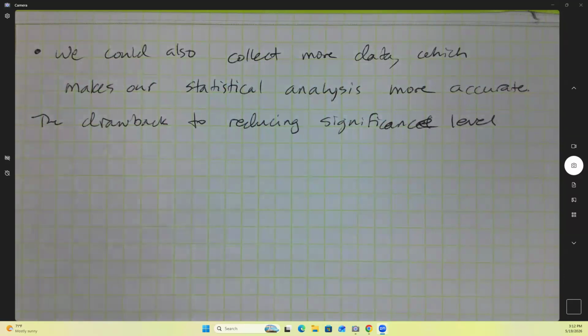If I make the significance level 1%, it's going to be hard to reject. If I make it 0.1%, it's going to be really hard to reject. I'm probably never going to get it wrong on accident, but I'm also probably never going to get it right if there actually is a difference. If I make the significance level too small, I'm never going to find significant results. I'm going to make it too hard for me to cross that bar.